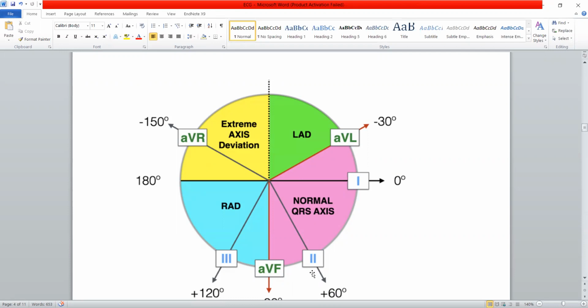Tell me the angle. Yes, extreme axis deviation, because let's see the diagram again. QRS is negative in 1, so current is flowing in this direction. It is negative in AVF, so current is flowing in this direction. So the axis will lie between 180 and minus 90. So we'll call it extreme axis deviation.